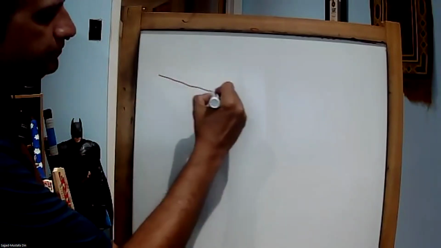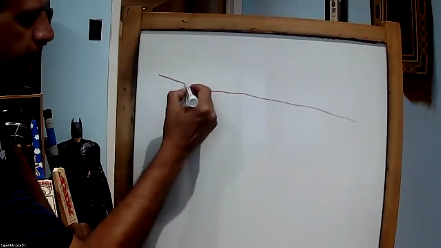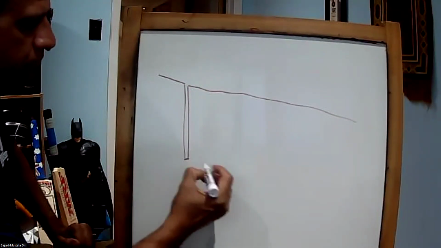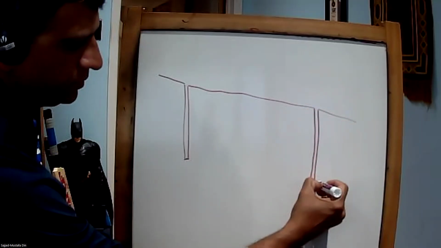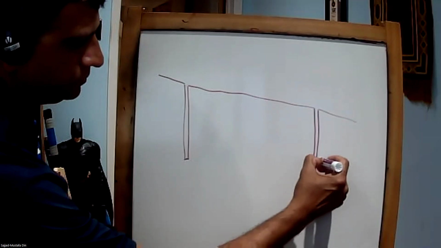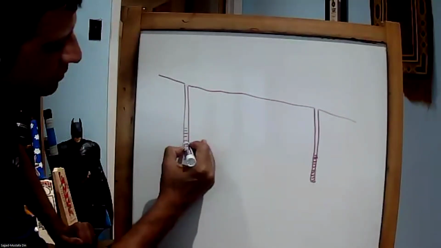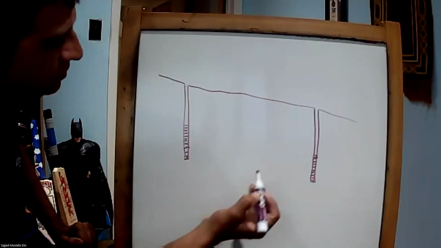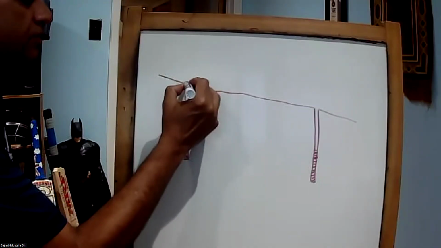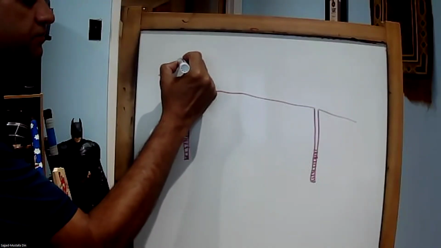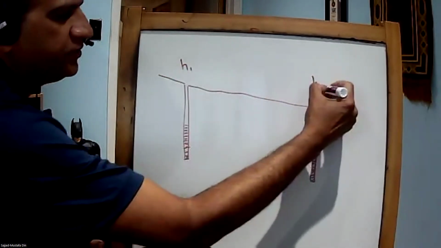Here's your ground surface, and you've got your two wells. So this is well one. Let's say the water level here is going to be H1 and H2.